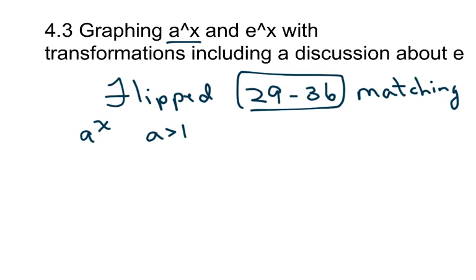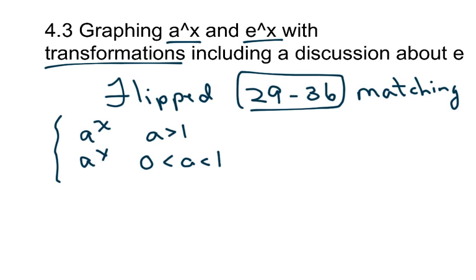And we're also talking about a to the x, where a is in between 0 and 1. Okay? So they're different things. And then e to the x is, we'll talk about shortly. We're also going to do some quick transformations, because once you have these down, you're pretty good.